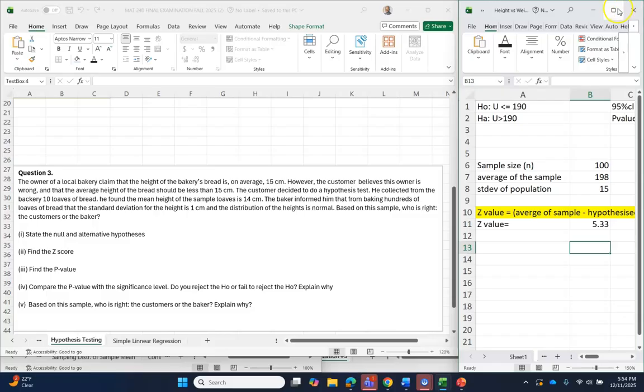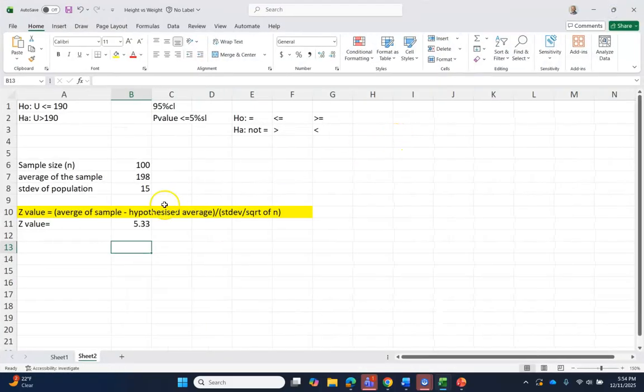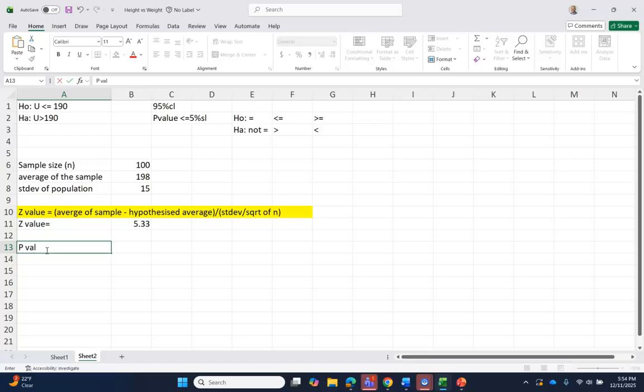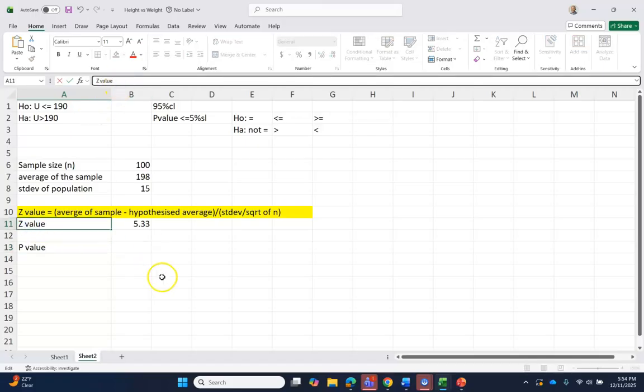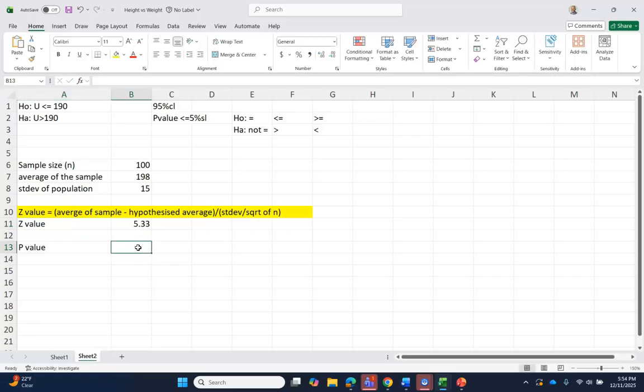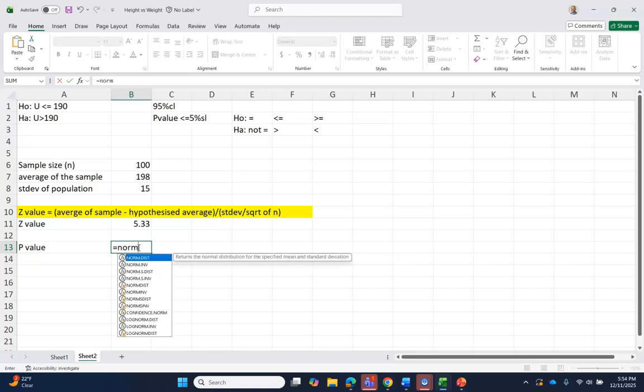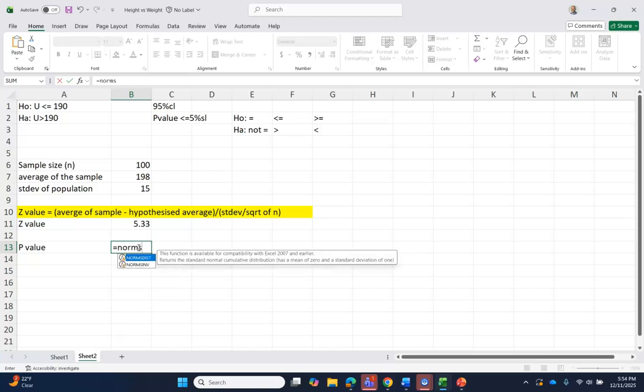So the p-value, or the probability value, can be found from the z-value. So how do we do this? Just put equal sign and type norm inverse.